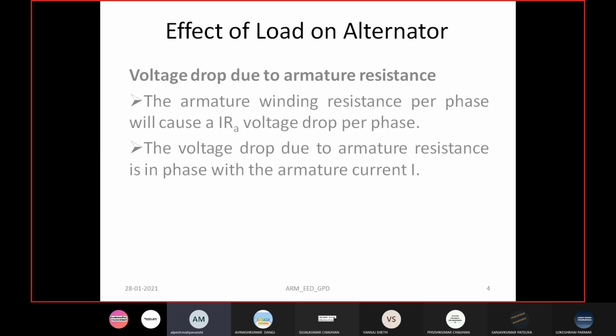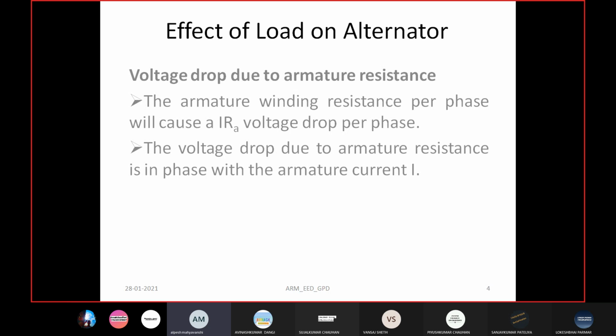So the first effect of load on alternator is the voltage drop due to the armature resistance. We know that the armature has an armature winding, and this armature winding has some resistance, denoted by Ra. When load is connected, current flows through the armature winding which has Ra resistance.